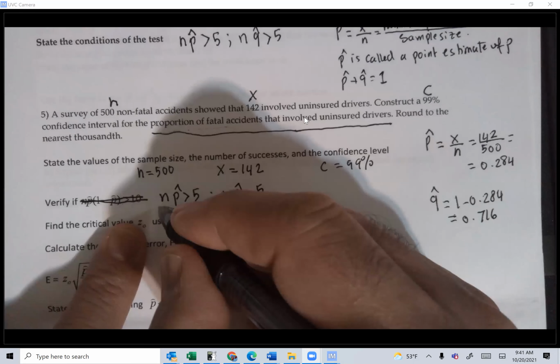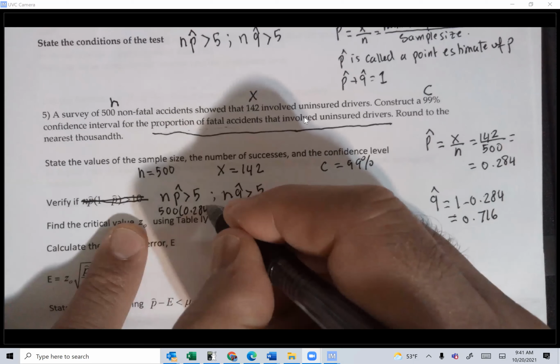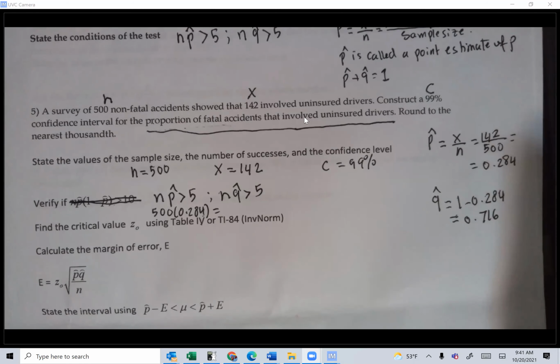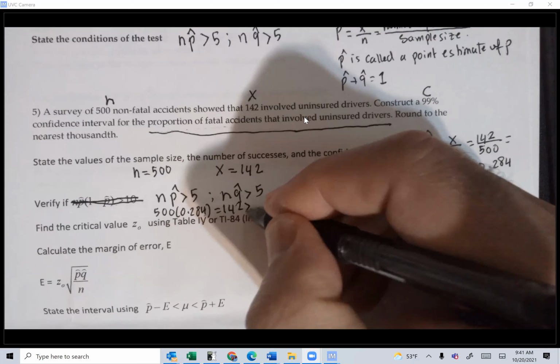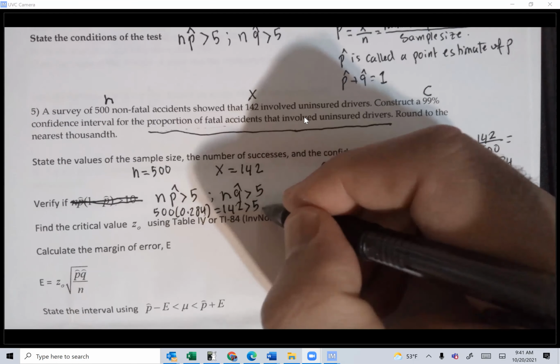Okay, now I think I can verify. 500 times 0.284. Just use your calculator, multiply them, and see what you get. If you get a number bigger than 5, then you're good. 142. When you do your homework online, it might ask you to state what this number is and select bigger than 5.